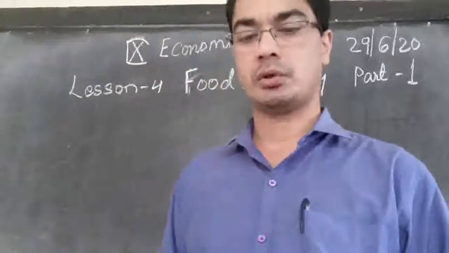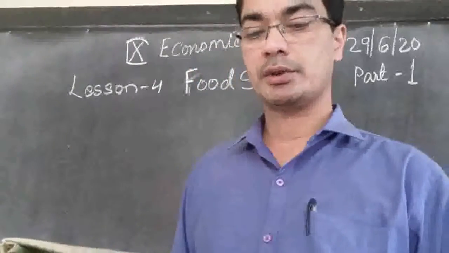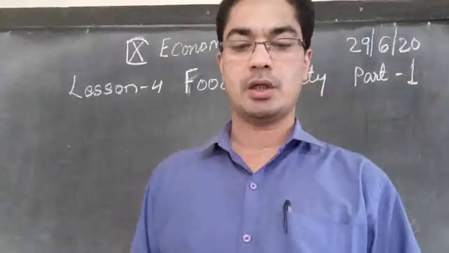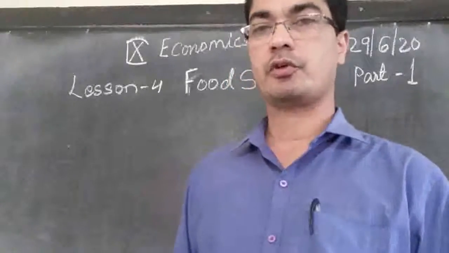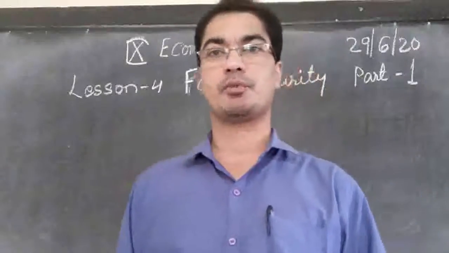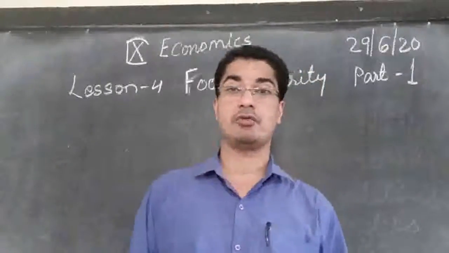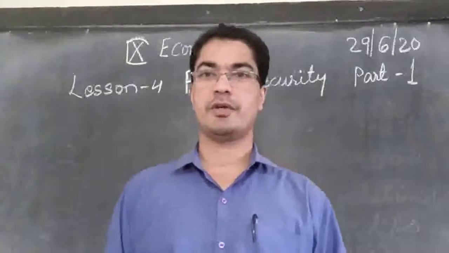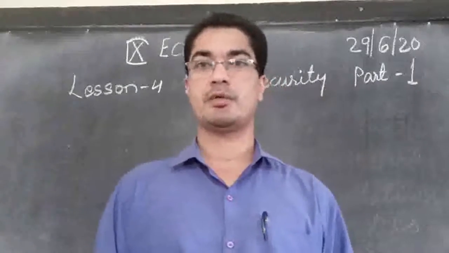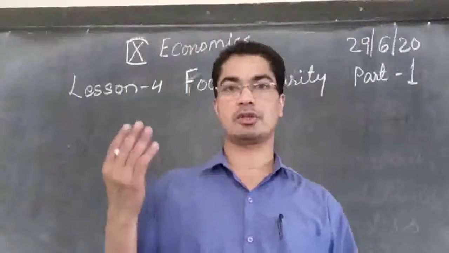The poor households are more vulnerable to food insecurity whenever there is a problem of production or distribution of food crops. Whenever there is a lack of food, and in the market very little is available, what happens? The price immediately goes up.